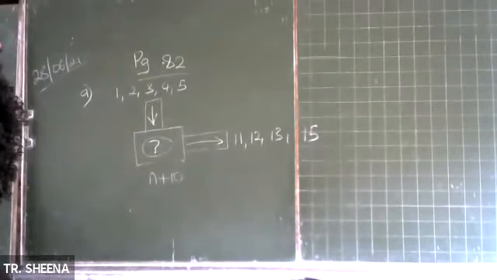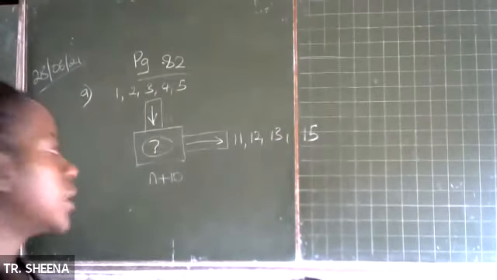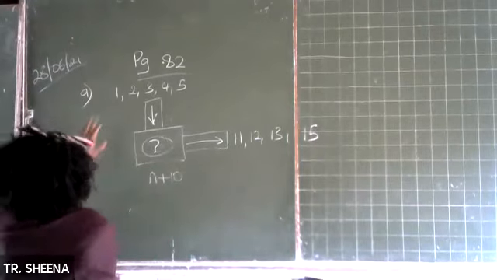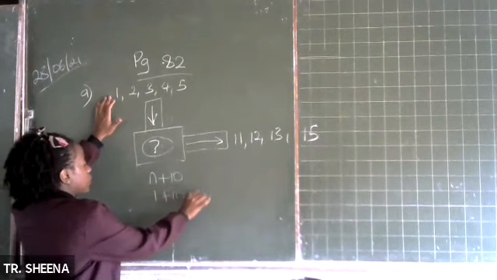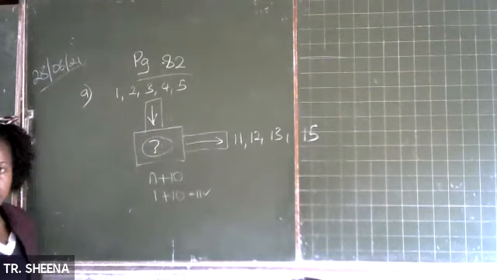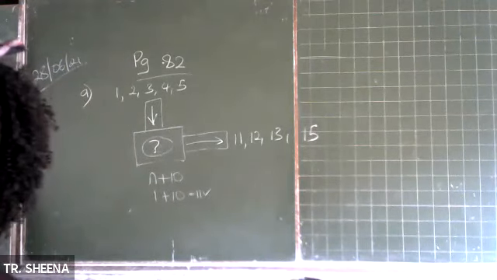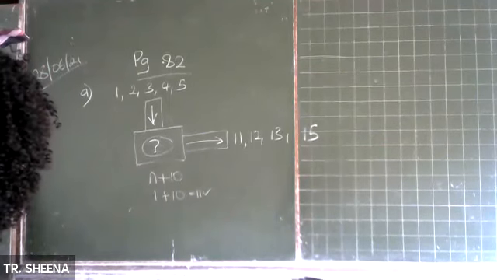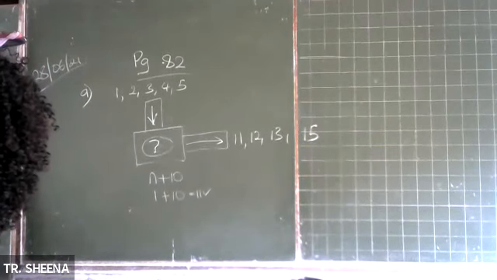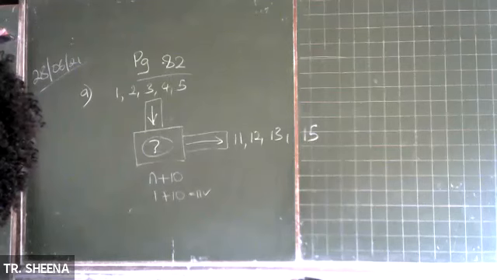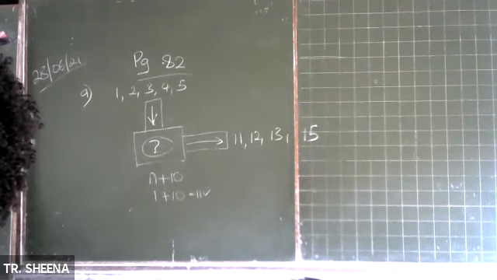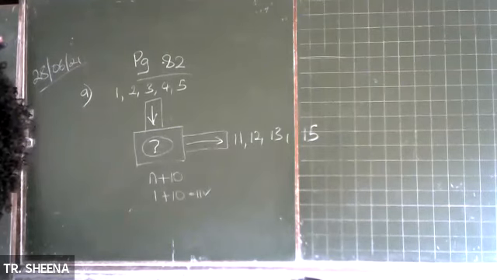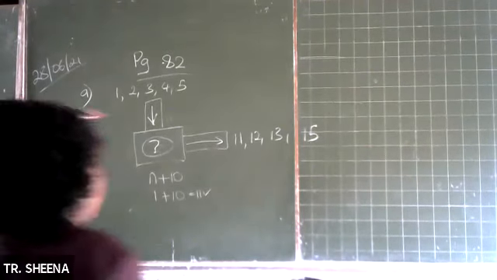Okay, let's see if that works. For our first term, which is 1, it will be 1 plus 10. And that's 11. So this is okay. Someone, please mute your microphone if you're not giving an answer, so that I don't have to come and mute you.